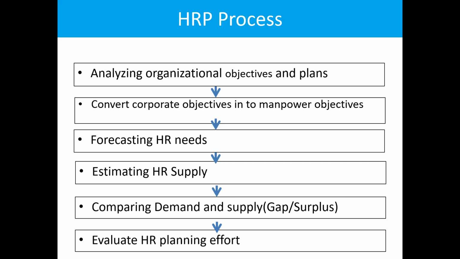And then based on that, forecast HR needs, then estimate the current supply, then compare demand and supply, and evaluate the HR planning effort, right? Those are the steps to be followed in order to make an HR plan.